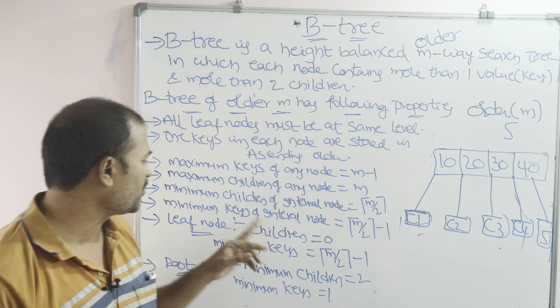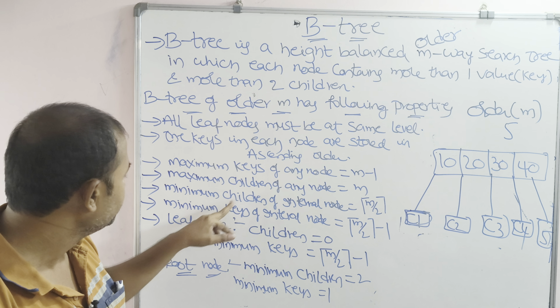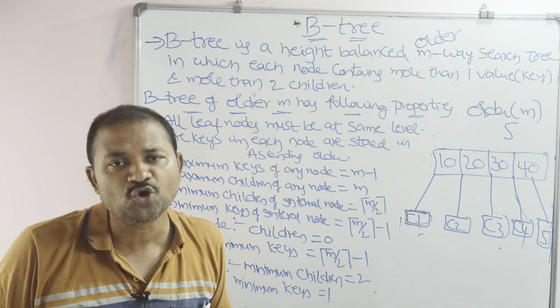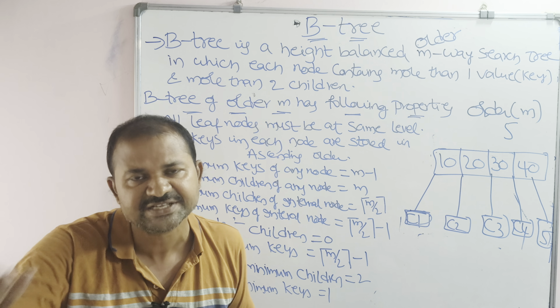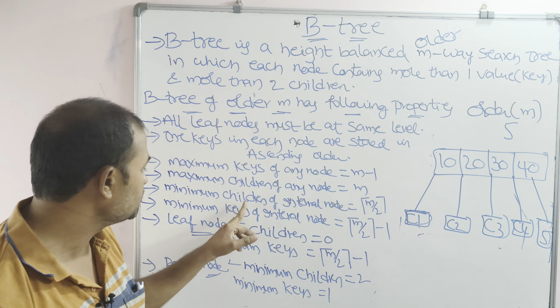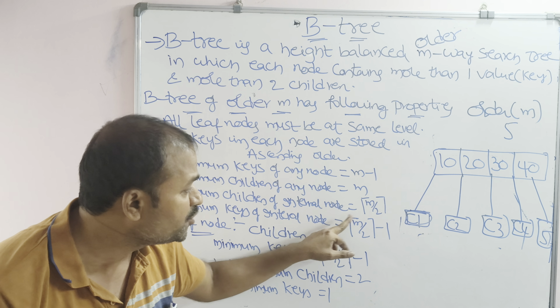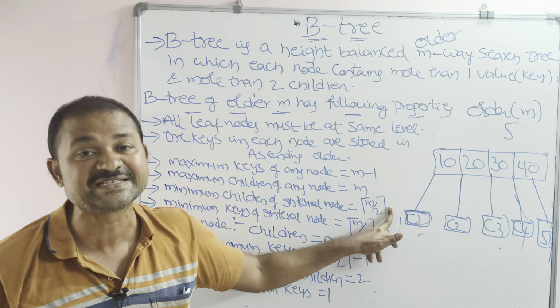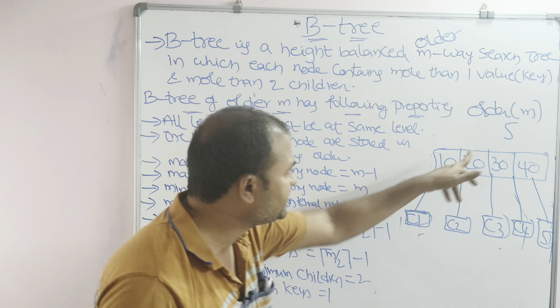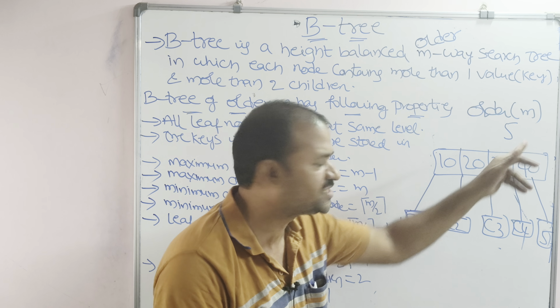Now let's see the next property, that is minimum children of an internal node. Internal node means the node with children. Internal node means parent node. So the minimum children of a parent node are ceil of m by 2. So let's take this example. Here the m value is 5.